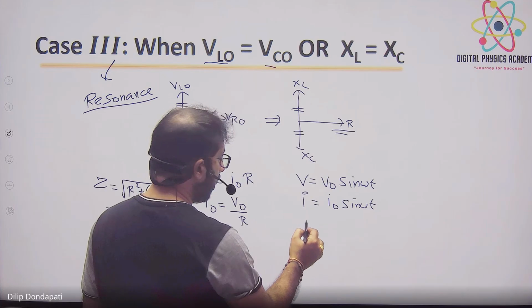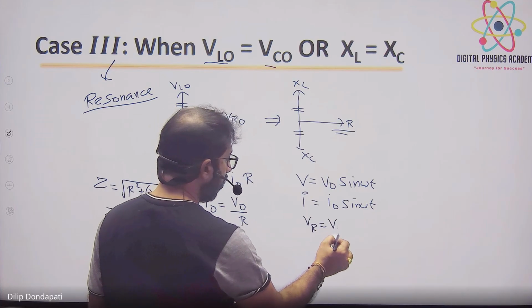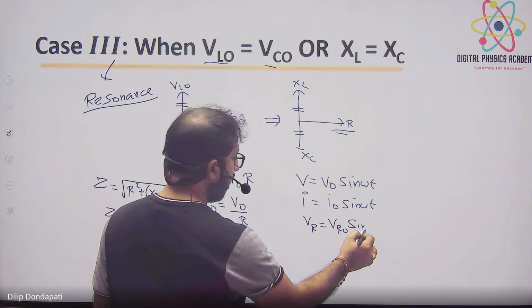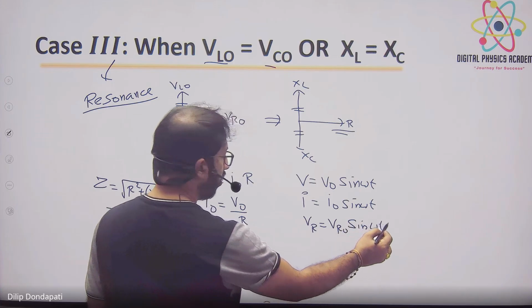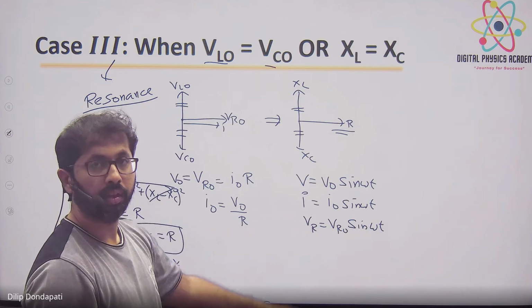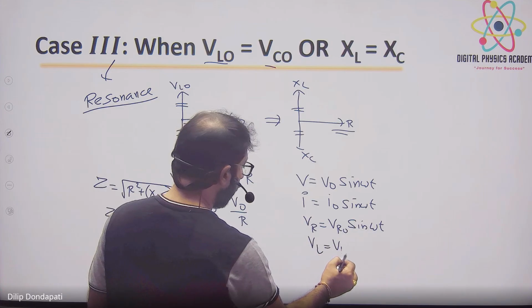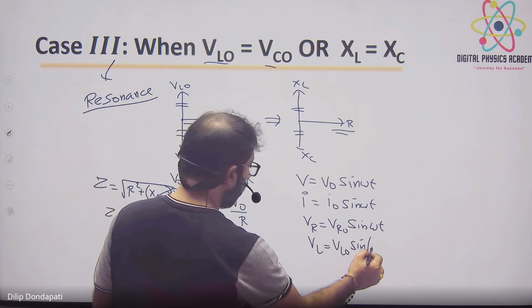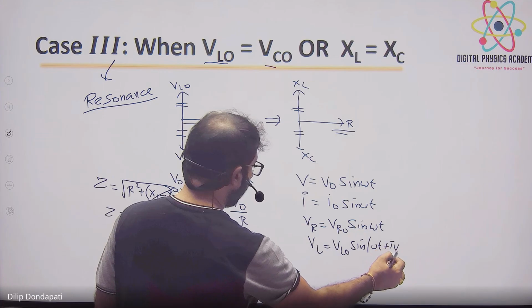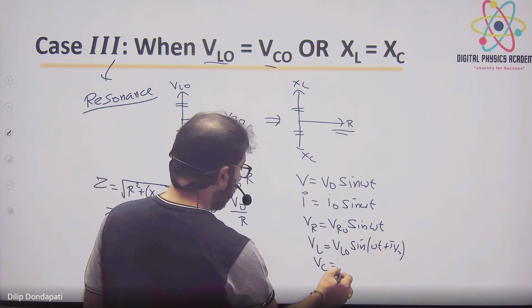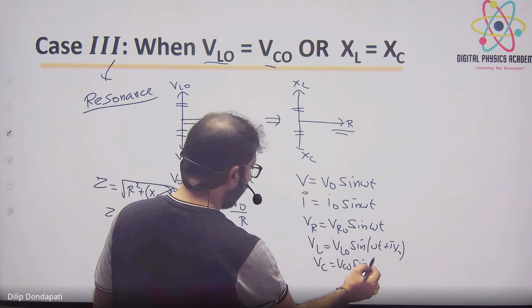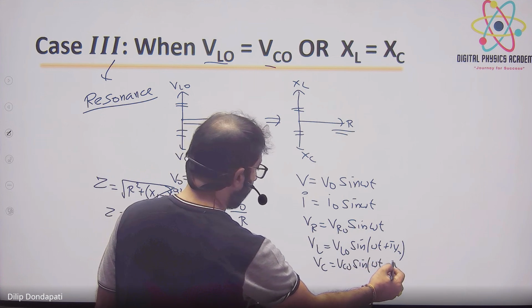Okay, now purely across resistance कितना होगा? VR naught sin omega t, current and voltage are in same phase. And purely inductor में VL naught sin omega t plus pi by 2. And similarly purely capacitor में VC naught sin omega t minus pi by 2.